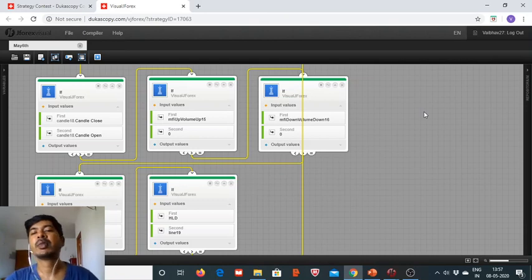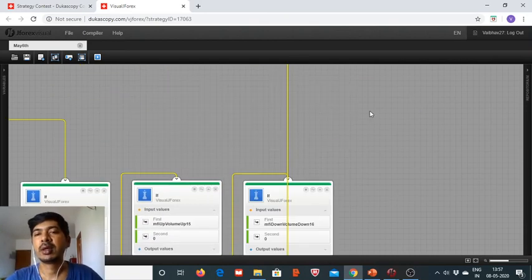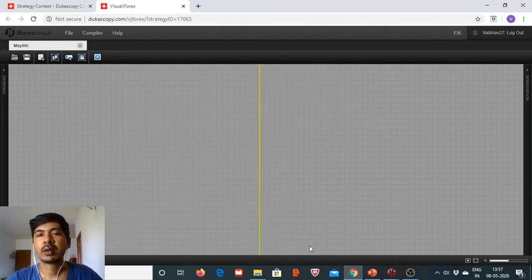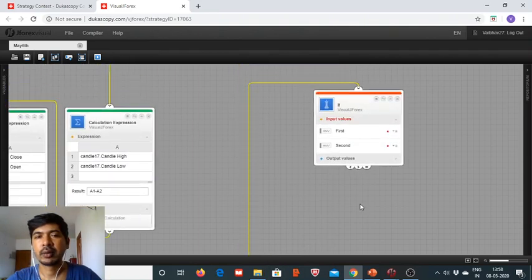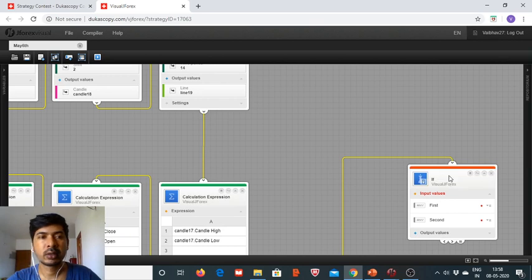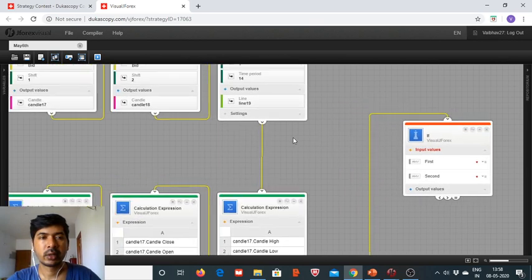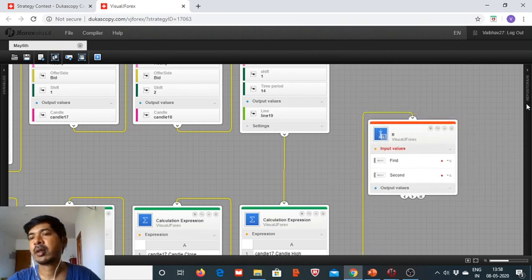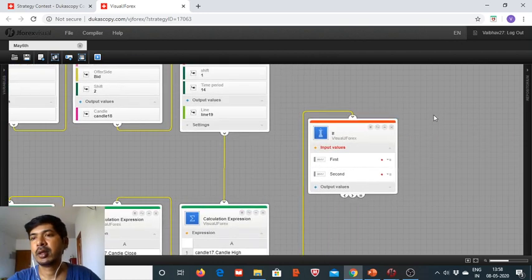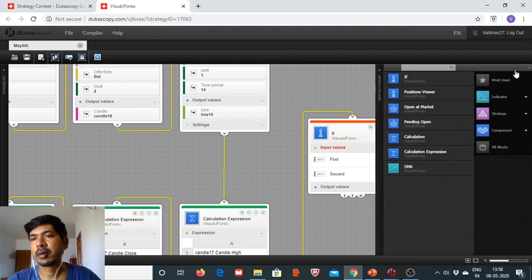Yes. So we now go to the candle 17 closing levels, and then it will be pretty easier.